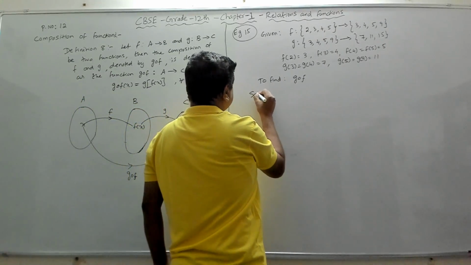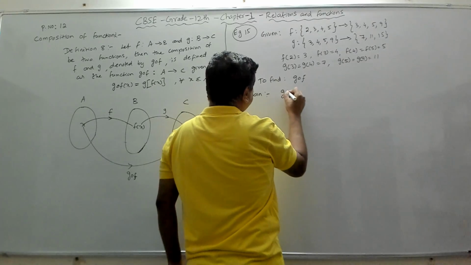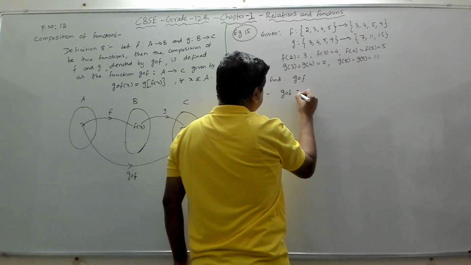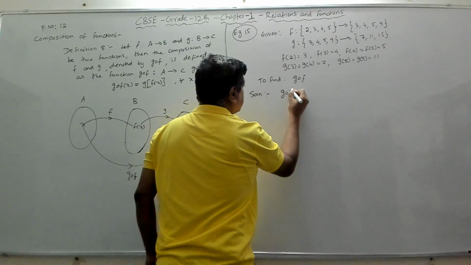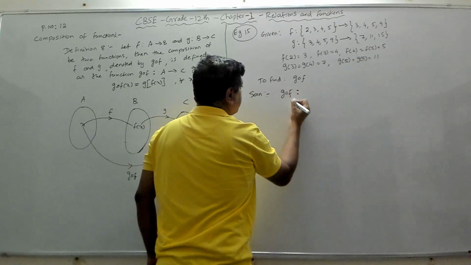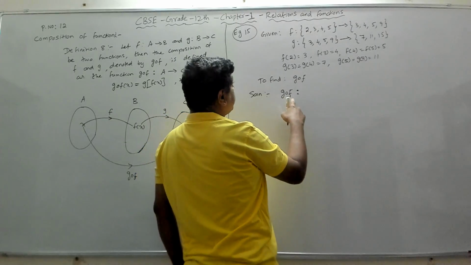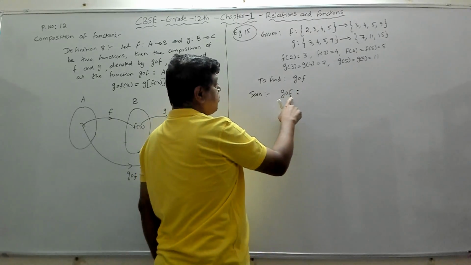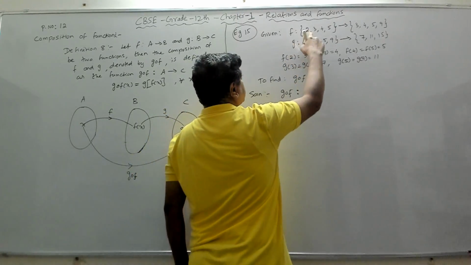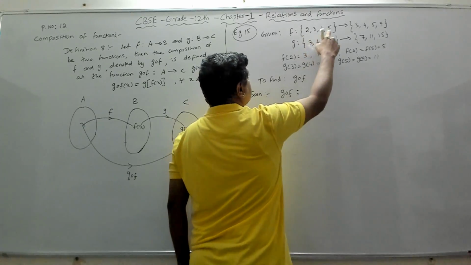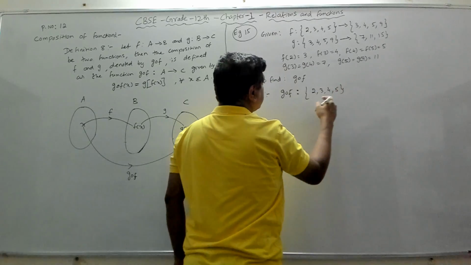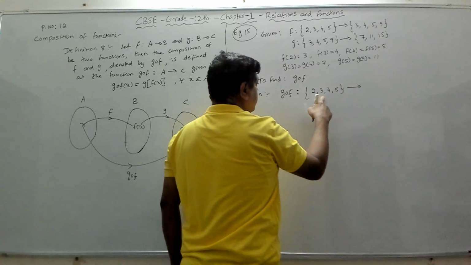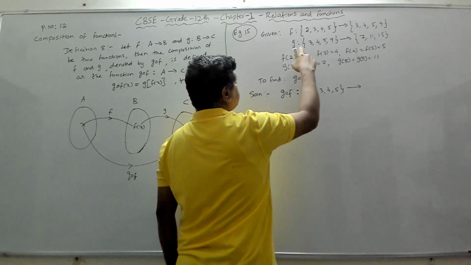So the solution is, first we define g of f from which set to which set. The g of f function will start from the domain of f. So f is starting from 2, 3, 4, 5, so it will be from 2, 3, 4, 5 to the codomain of g. What is the codomain of g? G is ending where?